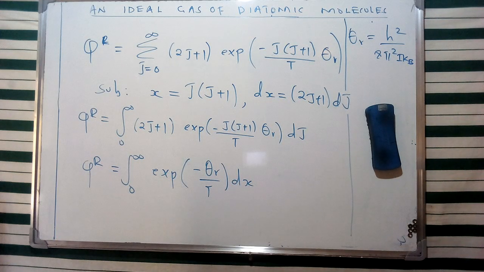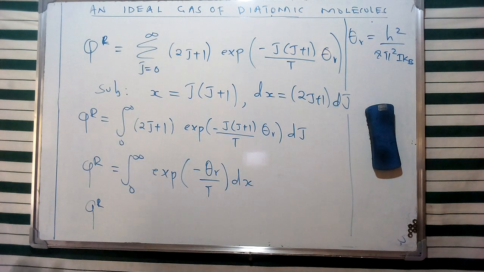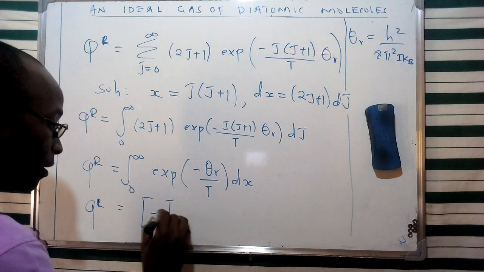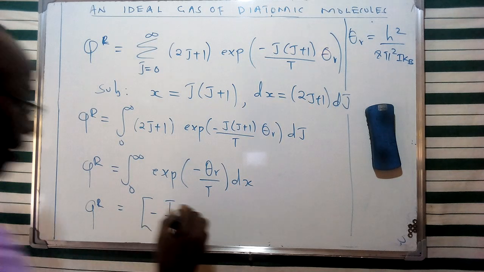So therefore, performing an integration, this can be given in terms of q r being equivalent to the values between T all over the rotational temperature. And of course, that's going to be given as follows.